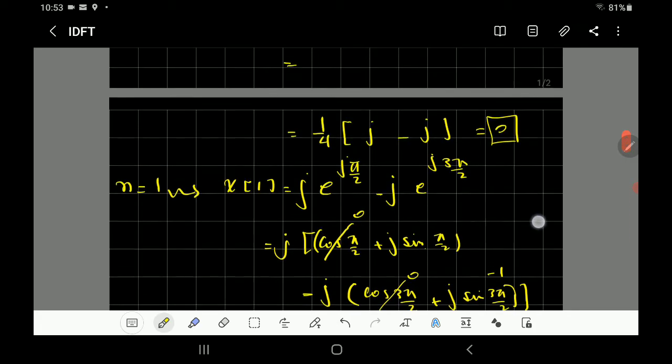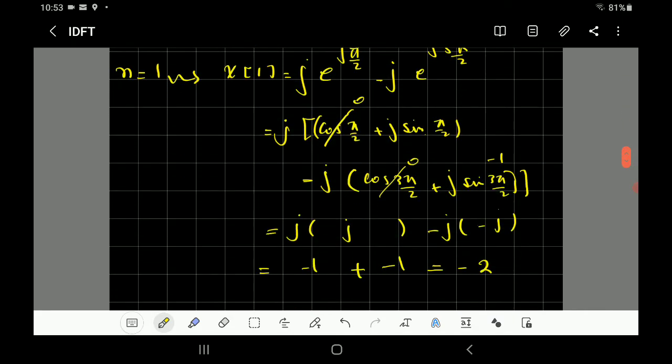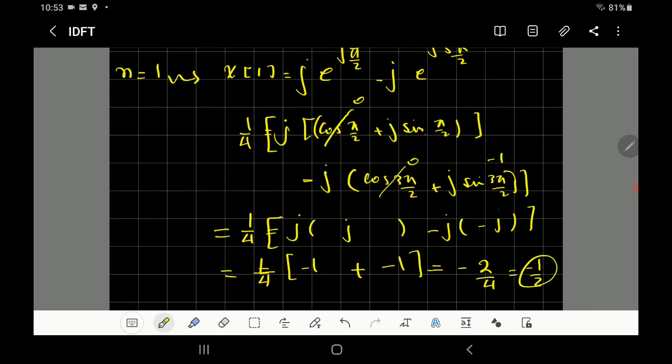Remember that we have 1/4 here. We didn't write it there, so that's 1/4. Divided by 4, it's equal to minus 1/2.